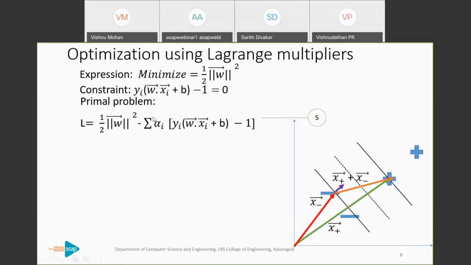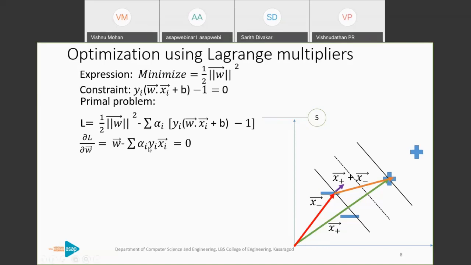A little bit of mathematics now. We need to take the partial derivative of this L with respect to W. You know that here we have taken the norm square. This norm square is nothing but the dot product of W with itself. So when you take a dot product of W with itself, you are actually getting norm square.